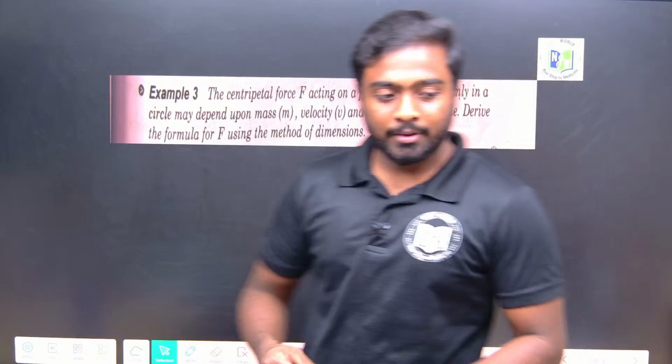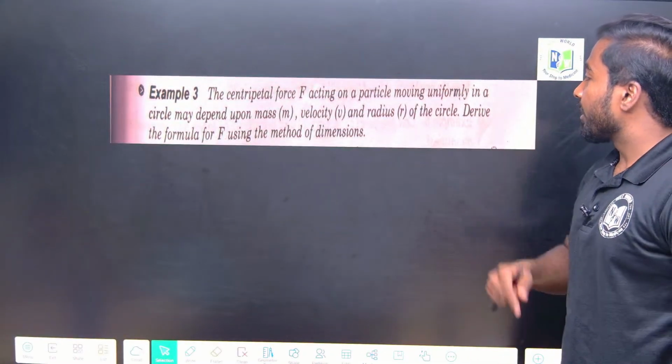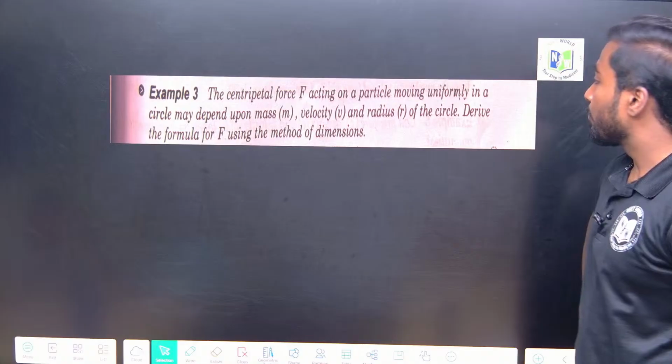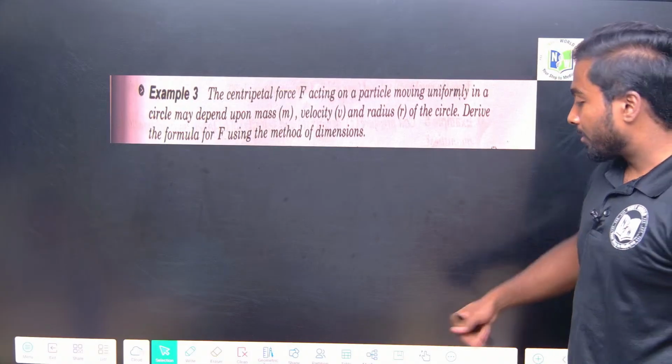In the last session we saw units and dimensions. The last question of the session: the centripetal force F acting on a particle moving uniformly in a circle may depend upon... what is the given term here?